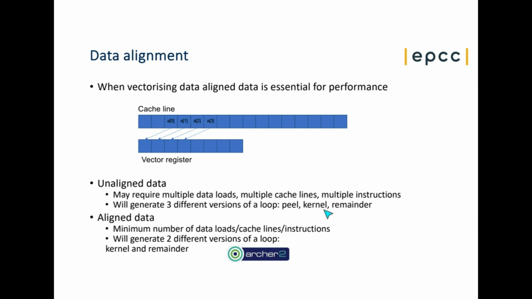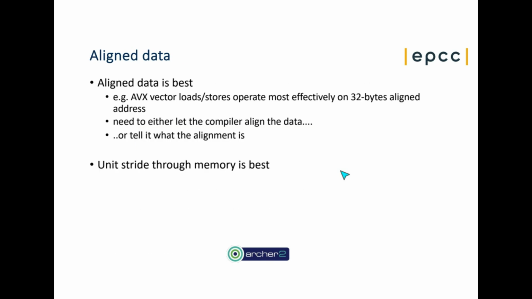It might not be able to load all the data into the vector register at once. Basically, if we can get the data aligned, then we get the minimum number of data loads, and it will still generate 2 versions of a loop, because it might have a remainder, but it will typically be more effective. Yep, aligned data is best.